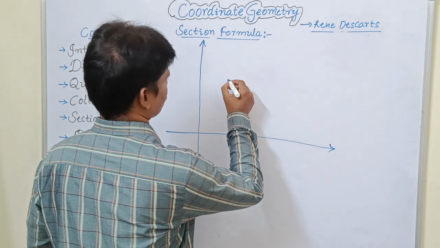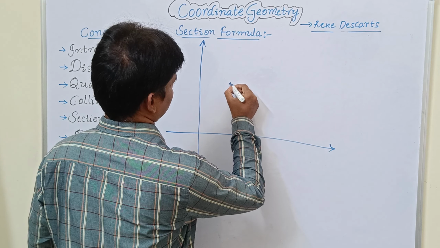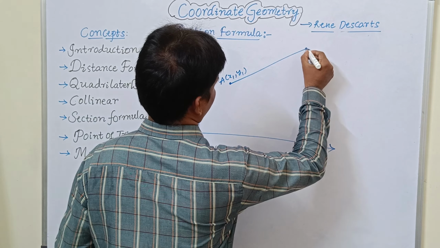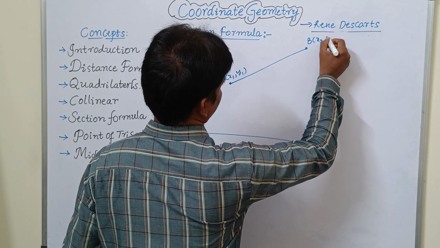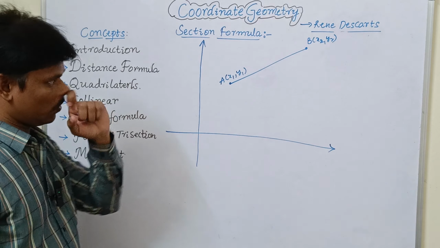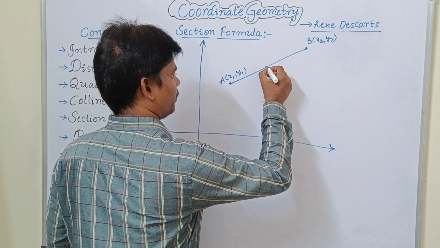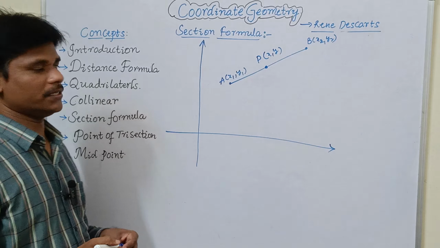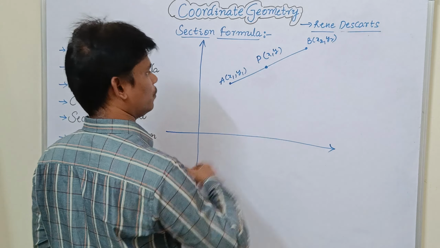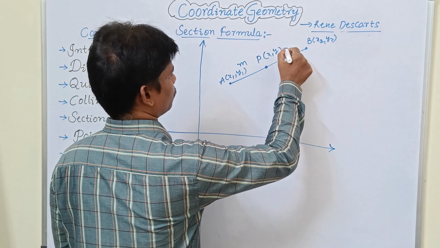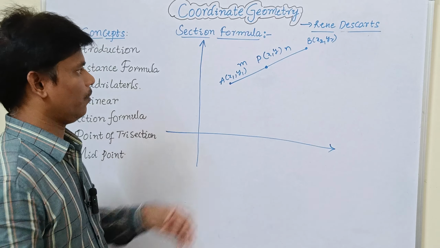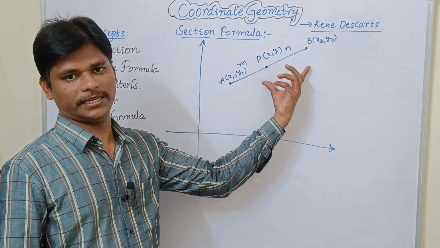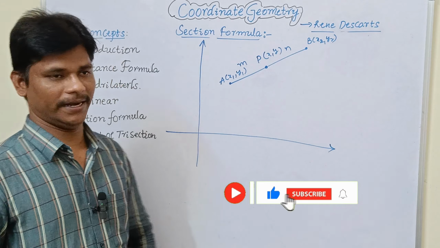See here, take an xy plane. Suppose A is a point (x1, y1) and B is another point (x2, y2). One point P divides the line segment in the ratio m is to n.